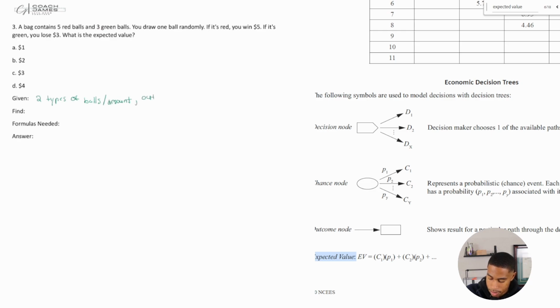And you're given the outcomes. And you're also given the outcome, the ball, and you're winning or losing. Okay. So you're also trying to find the expected value, or EV. All right. So let's look at this.